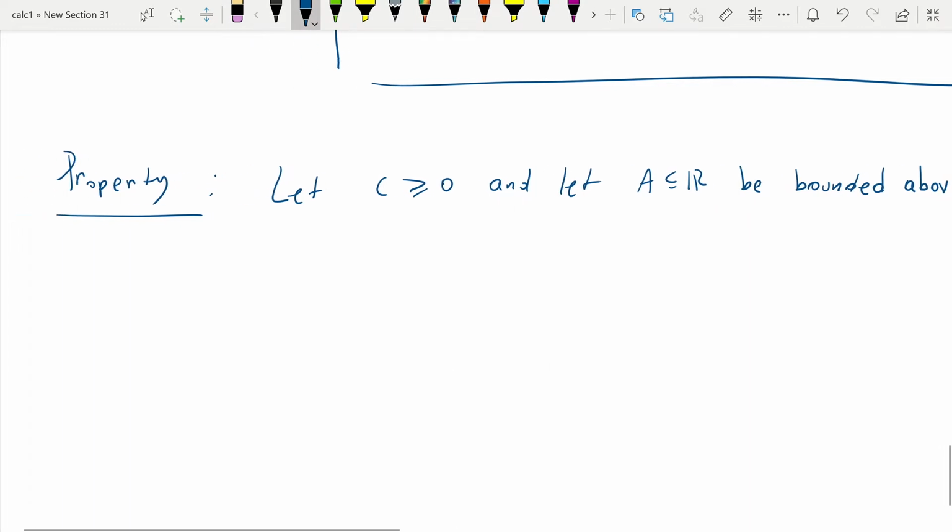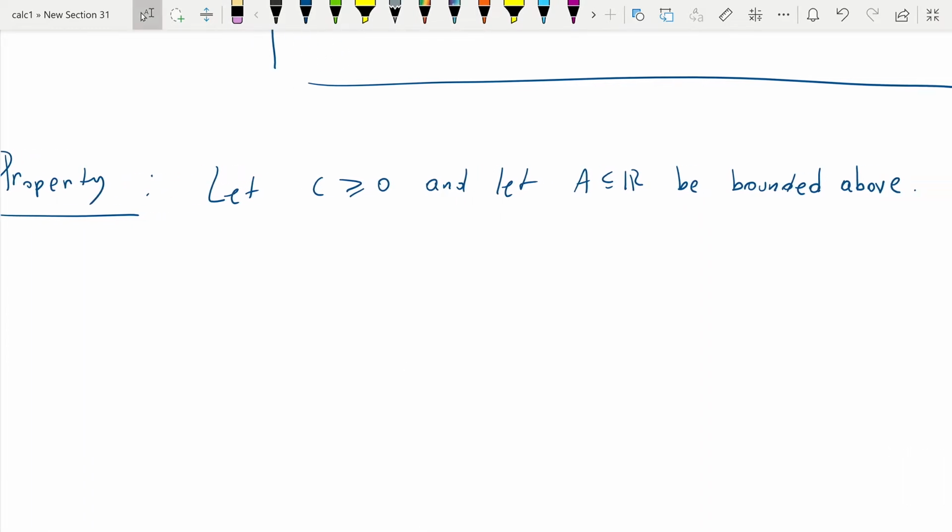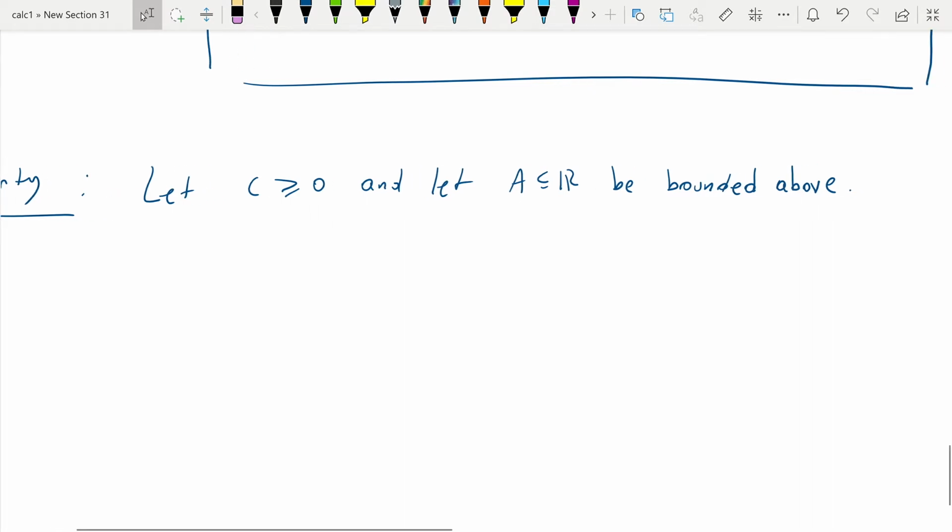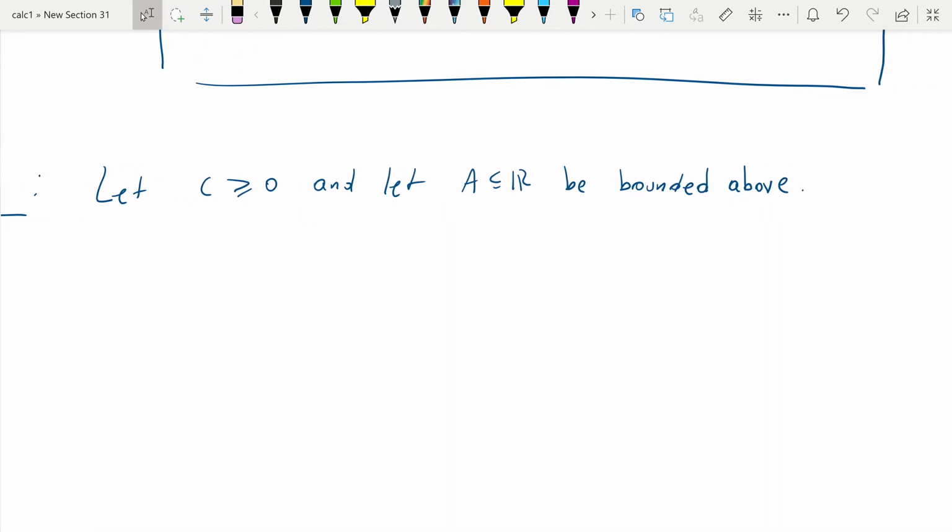Okay, so let A be a set that is bounded above, and let c be any number greater than or equal to 0.